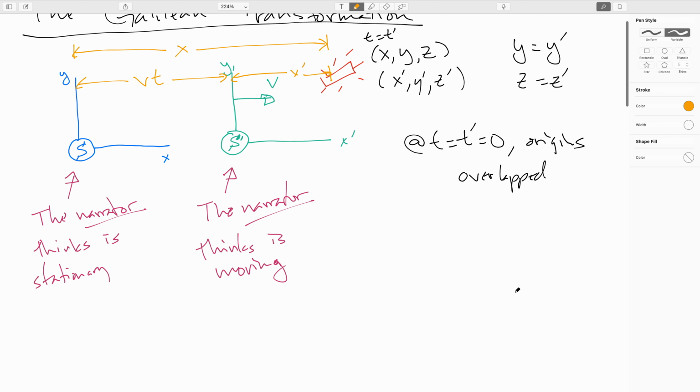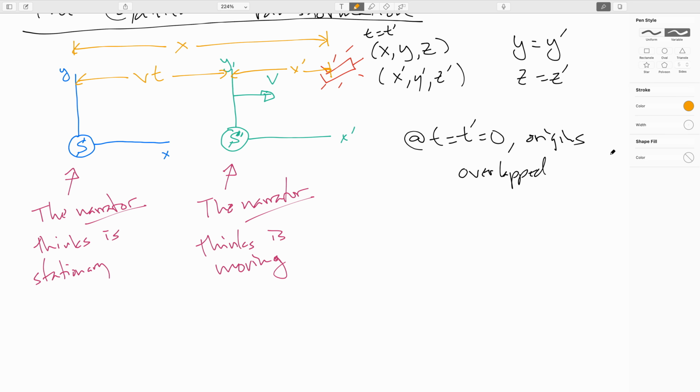So looking at the picture here, we can then conclude that x prime is equal to this bigger distance x minus how far away S says S prime is from them at that time t. So the x coordinate measured for the firecracker here will be the x coordinate measured by S minus this distance here.